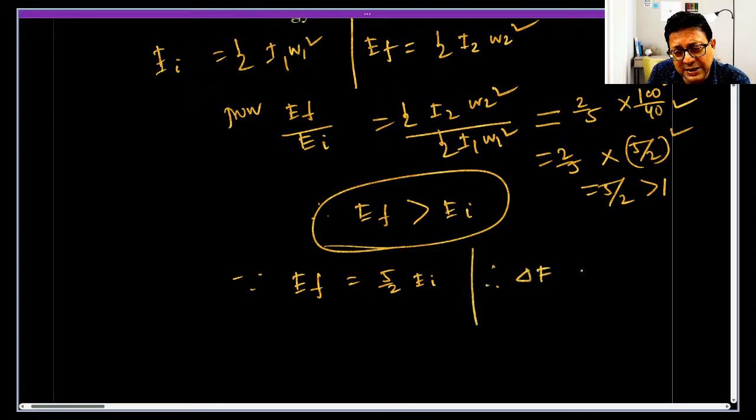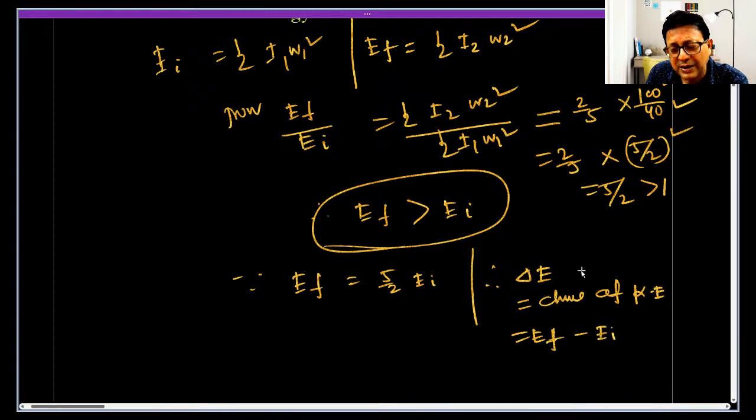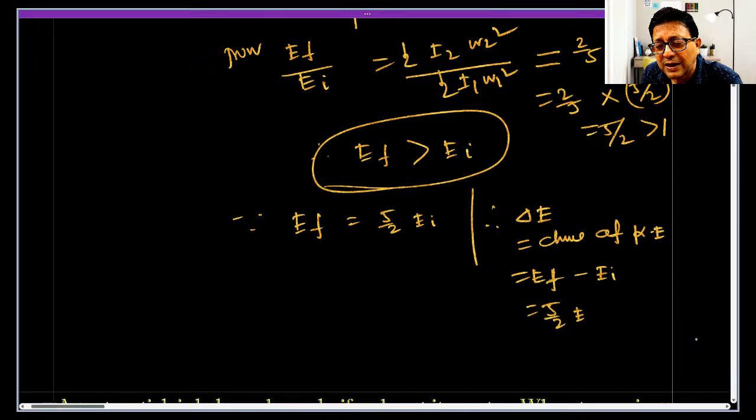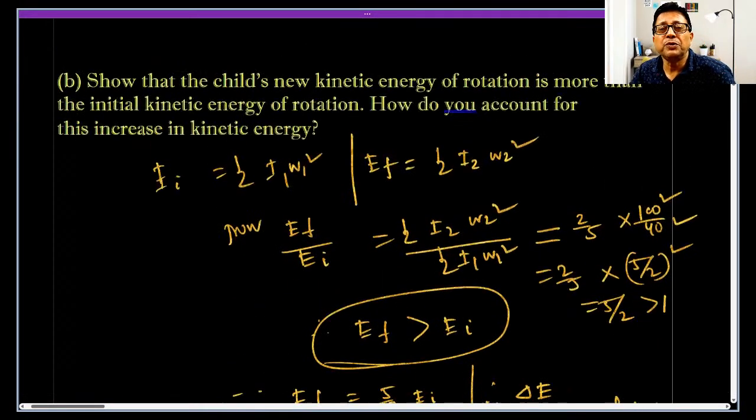Therefore, delta E, the change of kinetic energy, is EF minus EI. This is 3 by 2 into EI.